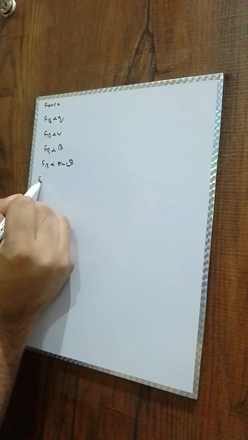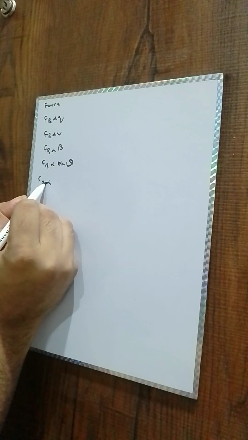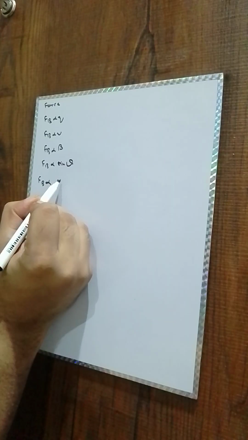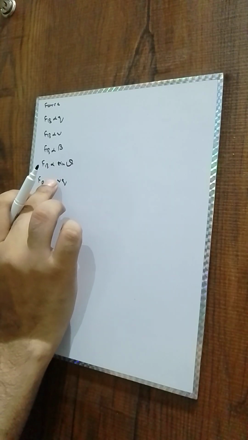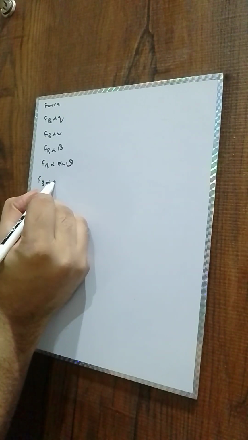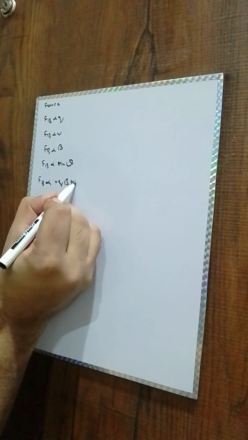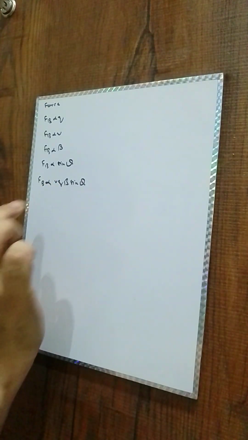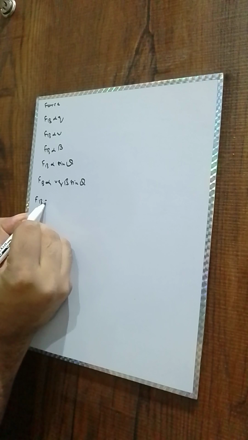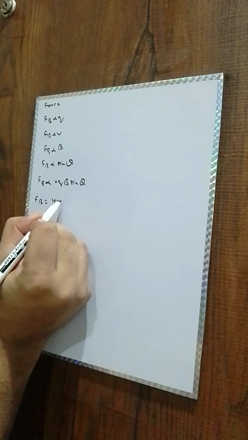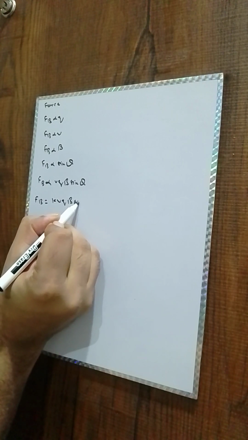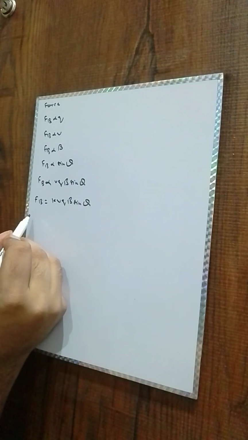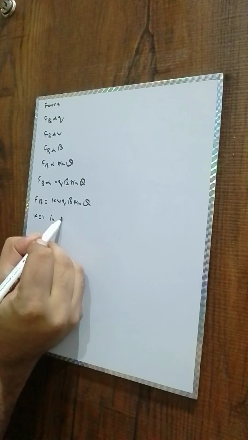If we combine everything, Fb is proportional to v q B sine theta, so Fb is equal to k v q B sine theta, and k is equal to 1 in SI.